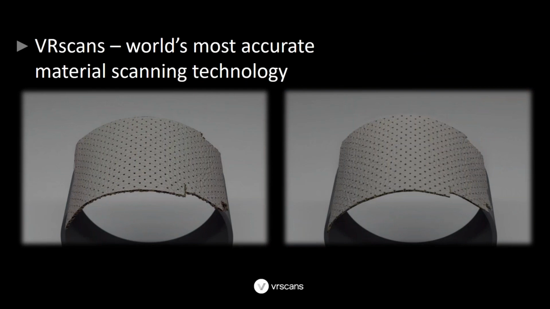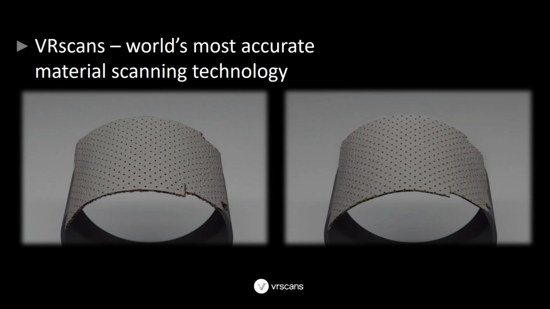So if someone asks me what is VRscans, I will definitely say that it is the world's most accurate material scanning technology. And on the screen, you can see here two images. One of the images is a real photo, and the other one is a render.